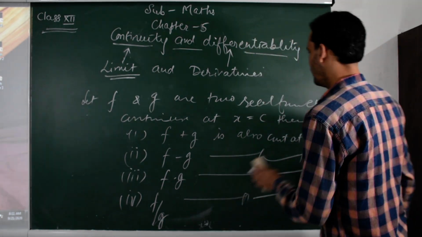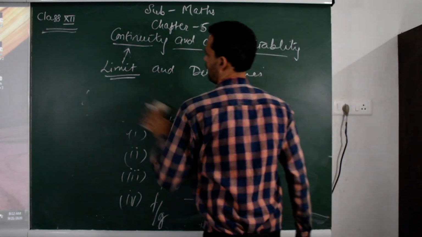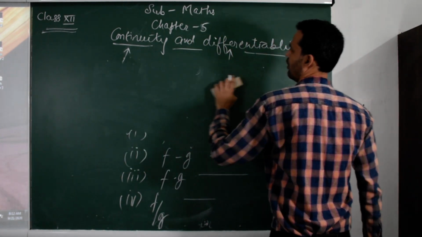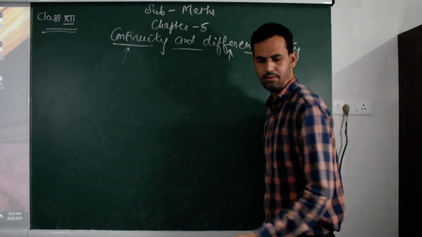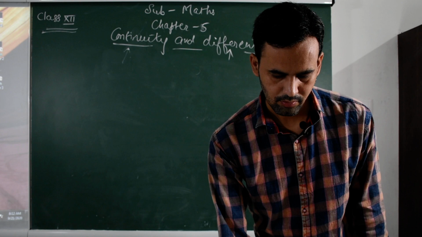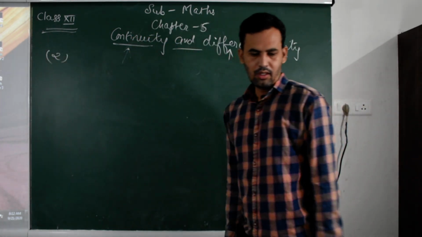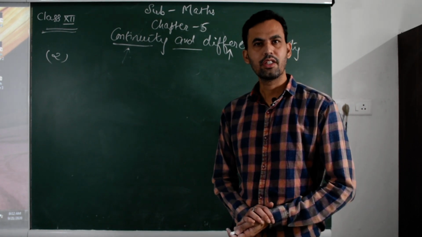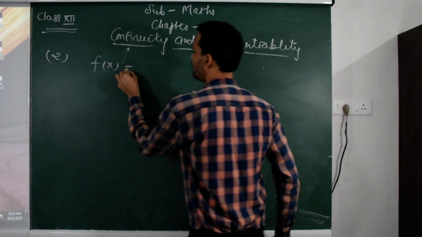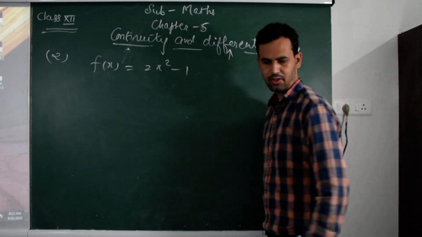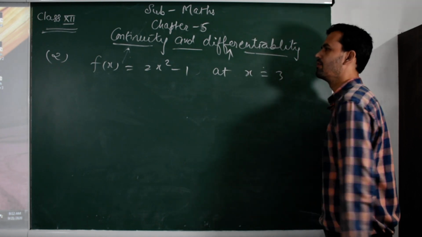Now exercise 5.1, we solve some questions of this exercise. First, question number 2. Examine the continuity of the function. The function is given as f(x) equals 2x square minus 1 at x equals 3.